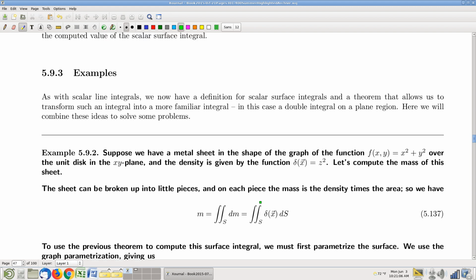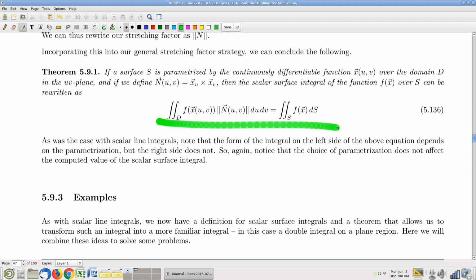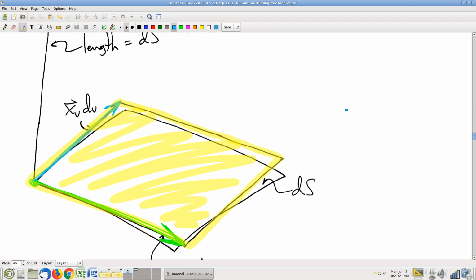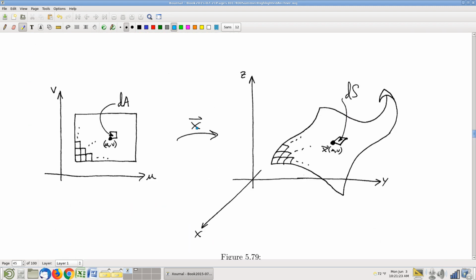That's where we're going to use this result up here. We need to parameterize our surface, and I need to know what this parameterizing function is. Let me remind you why. This is the function we are pulling back through.